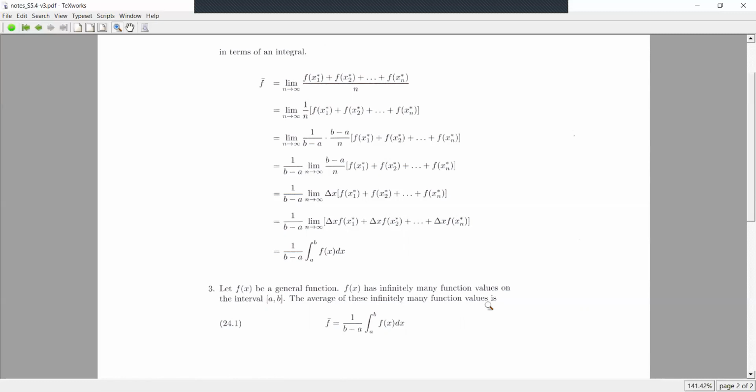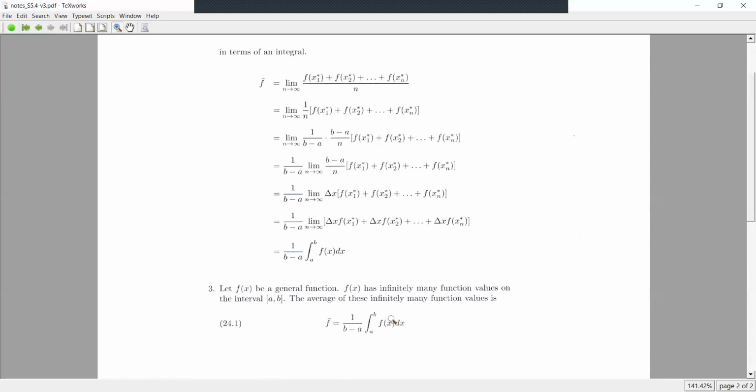The formula is f bar. By f bar, I mean the average function value over this interval. Then the formula to compute f bar is 1 over b minus a times the integral from a to b of the function f.